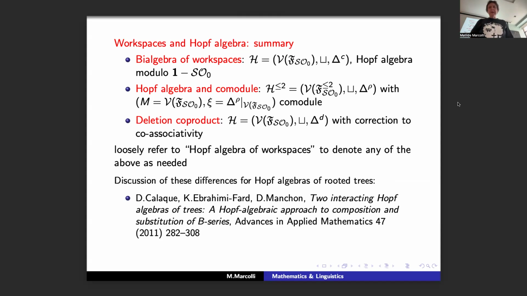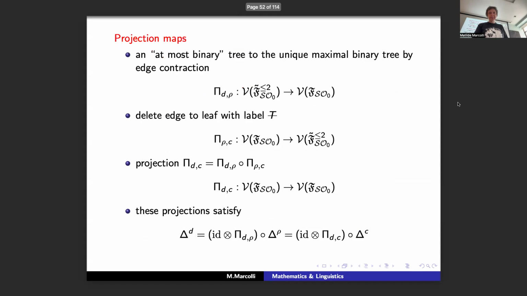By the way, these different forms of coproduct for trees and forests have already occurred in the literature on Hopf algebras. For example, there is a paper of Frédéric Fauvet, Dominique Manchon and others that discusses, in relation to combinatorics, numerical analysis and algorithms, some of these same types of algebras that occur here. So these are actually well-known objects in the theory of algebras.